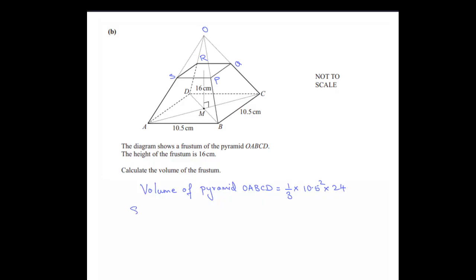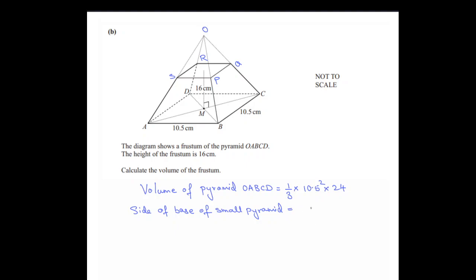So the side of the base of the small pyramid is equal to, now we need to use proportionality. Here 10.5 is the base side, and the height is 24. If we take the small base side as x, the height will be the remaining height, which is 24 minus 16.